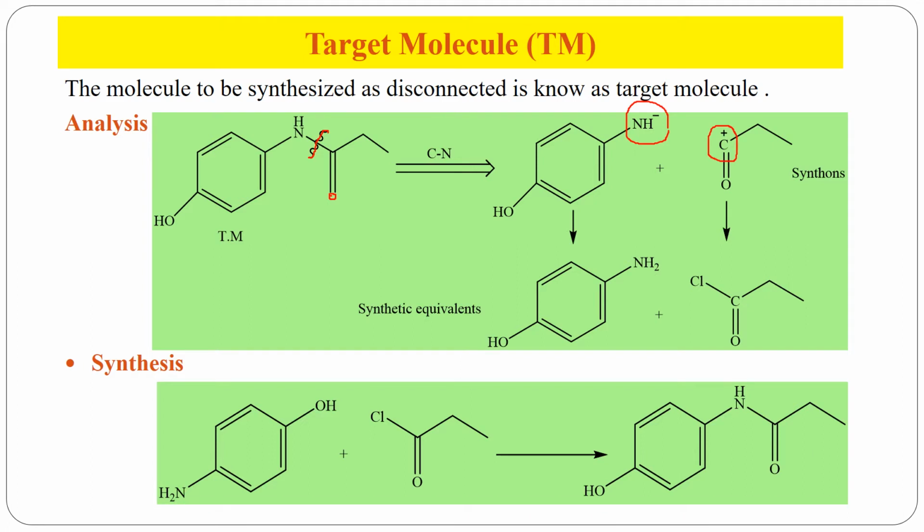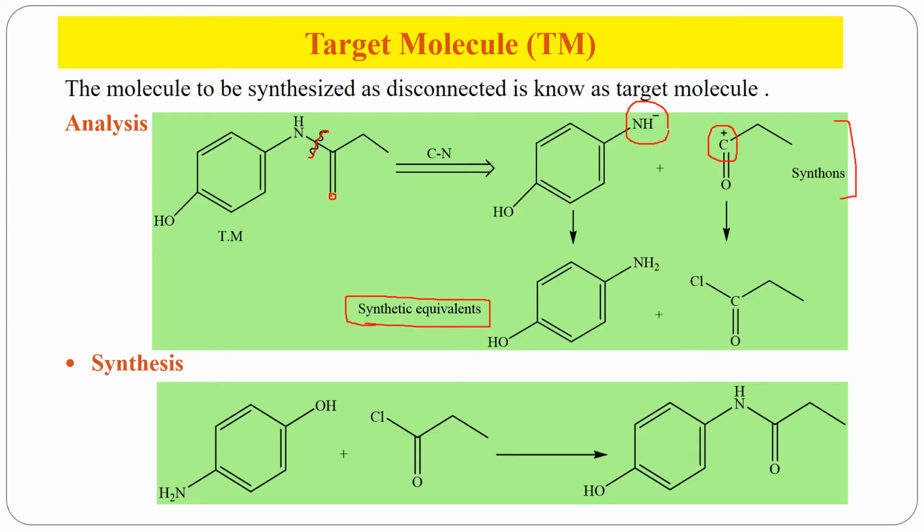These two fragments are called synthons. These synthons are not available in the labs as commercially available starting materials, so instead of these synthons, their synthetic equivalents are used.